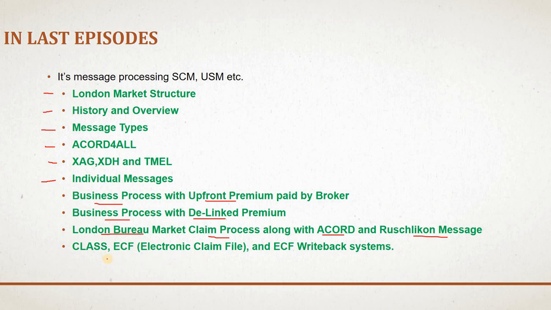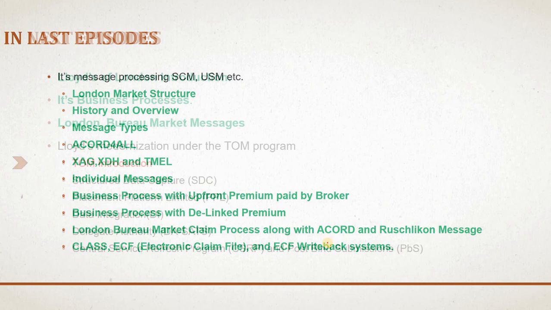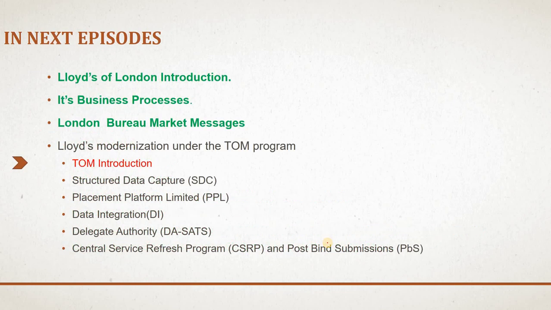In our last session, we discussed the CLASS system, ECF and the ECF write back system. As planned, in this session we are going to discuss the London Market target operating model introduction.